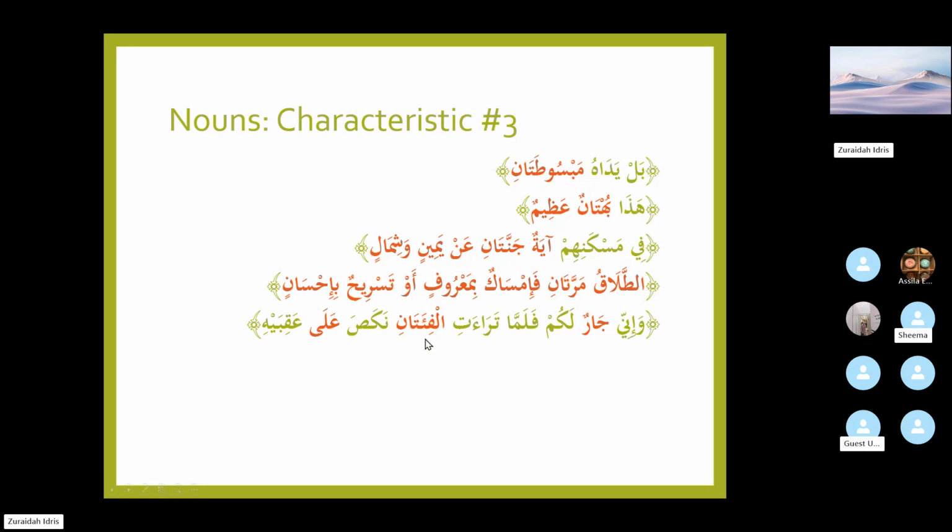Fi'atani? Fi'atun. Yeah, fi'atun. What does that mean? A young girl, I think. Fi'atun should be younger. Okay. Let me check.